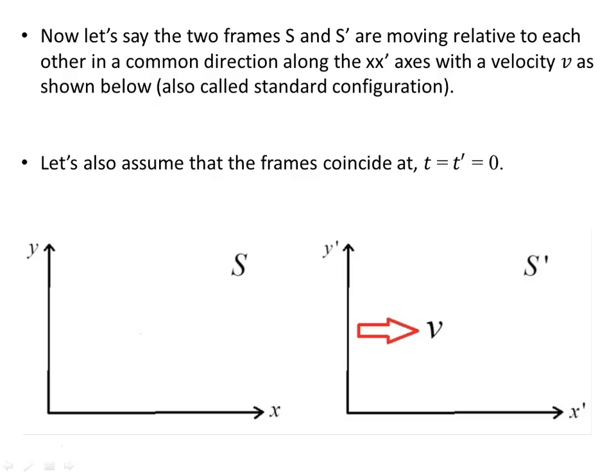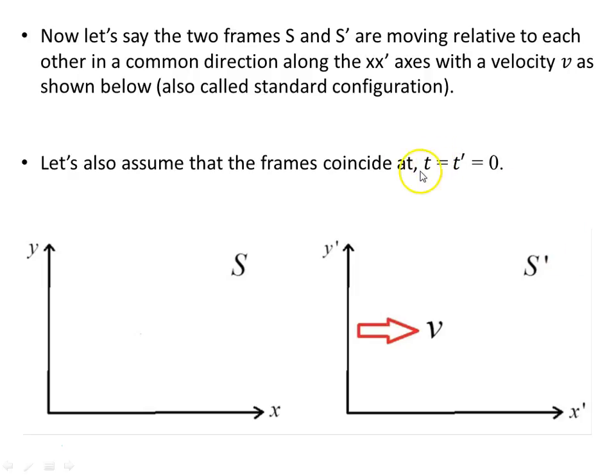Alright, now let's say the two frames, S and S prime, are moving relative to each other in a common direction along the x axis with a velocity v, as shown here. And this is called the standard configuration. So when talking about standard configuration, you can think of two frames of reference moving with constant speed relative to each other.